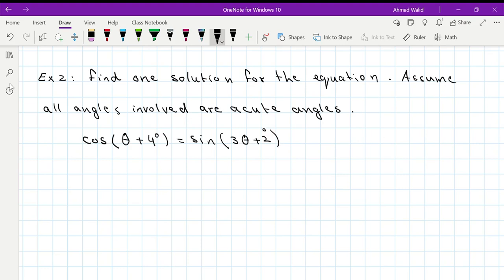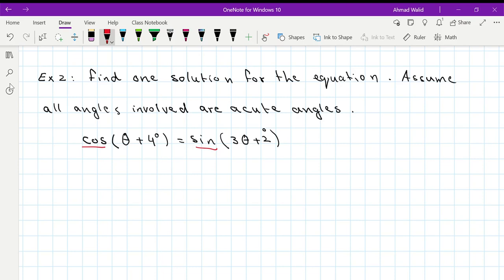Now, how to solve this equation? A few things. Focus here. I have cosine equal to sine. It means this relation represents cofunctions.